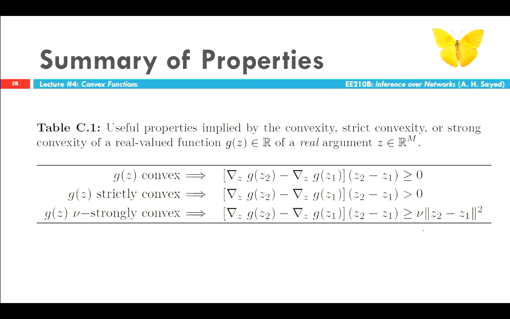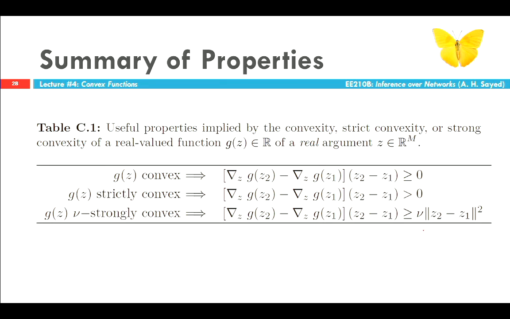So this is a summary of what we have done so far. The reason I summarize these particular properties is because we are going to be using them multiple times in our derivation. So just remember, when I'm going through my arguments in the future, when I have cost functions that are convex, and we encounter inner products like this involving differences and gradients at these points, I'll tell you, remember, this inner product is non-negative, or strictly positive, or I can remove it and lower bound it by something that depends on the quadratic.